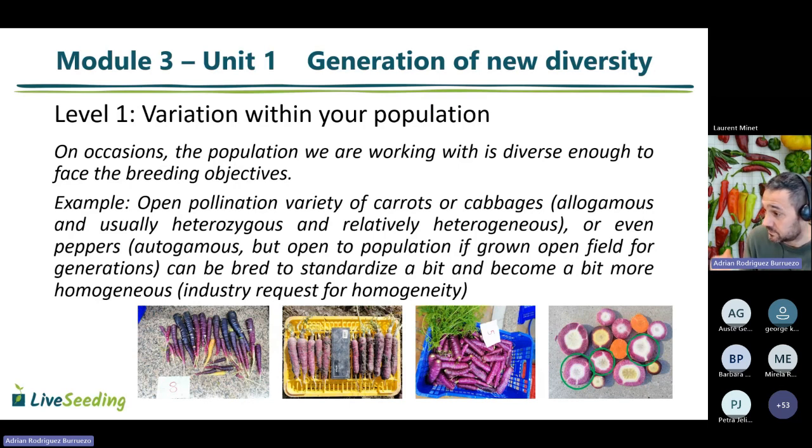Okay, I don't mind that our variety is a bit heterogeneous, but I need to standardize for some specific traits that will facilitate the marketing. For instance, homogeneity in the root, or in the color of the root, or in the shape, or in the cut of the carrot, for instance.